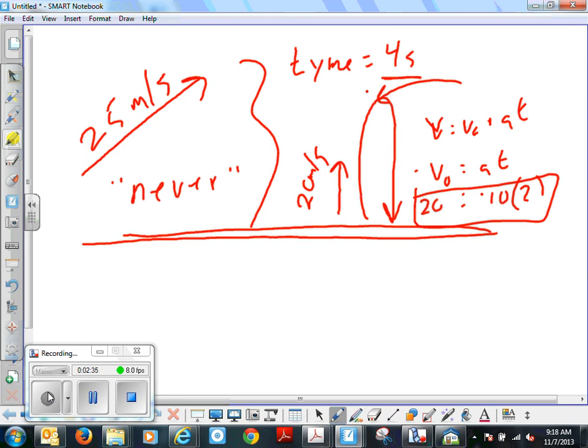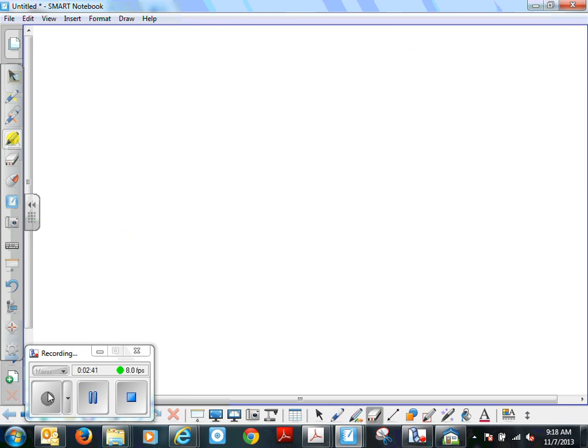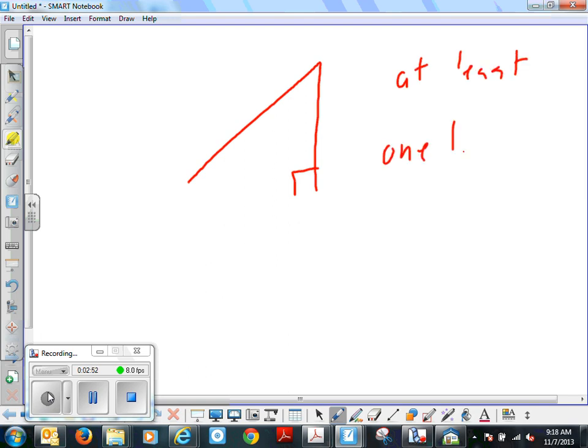Okay, I've got another question. What can I do if I have a right triangle, and I have at least one leg, and then one of anything else? So I have one leg for sure, and then I can have either another leg, or a hypotenuse, or an angle.